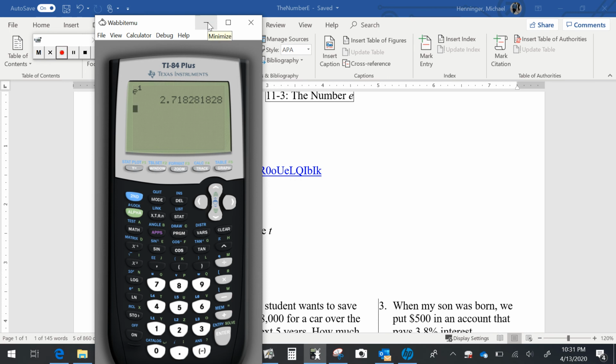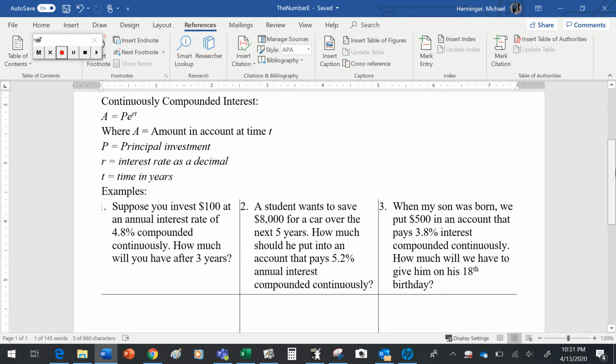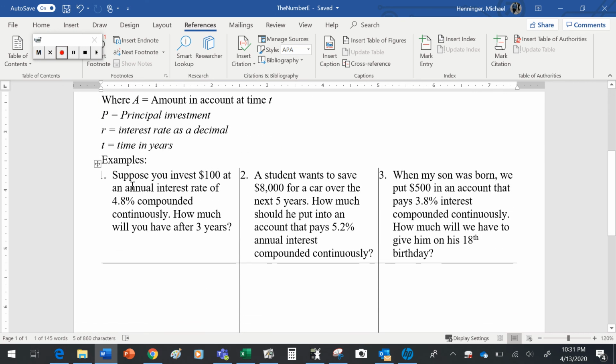All right, now let's take a look at an example. I invest $100 at an annual interest rate of 4.8% compounding continuously. How much will I have after 3 years? I'm always going to write my formula first. A equals P times e raised to the power of rt.